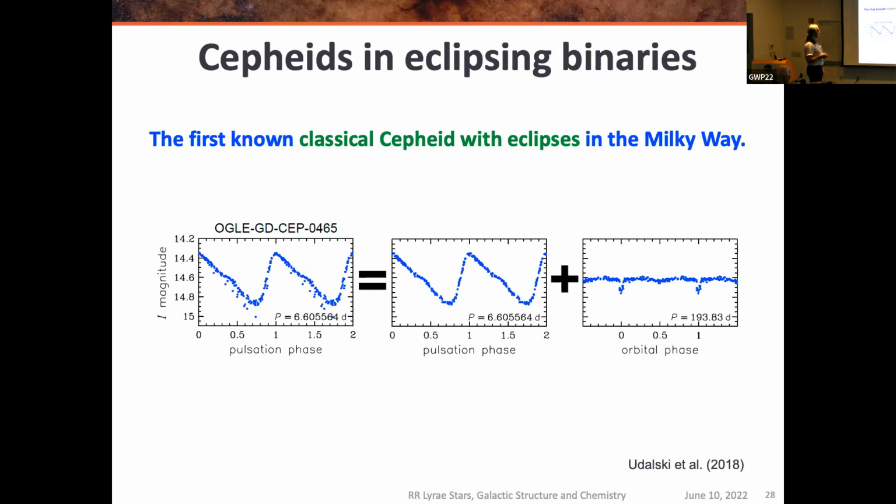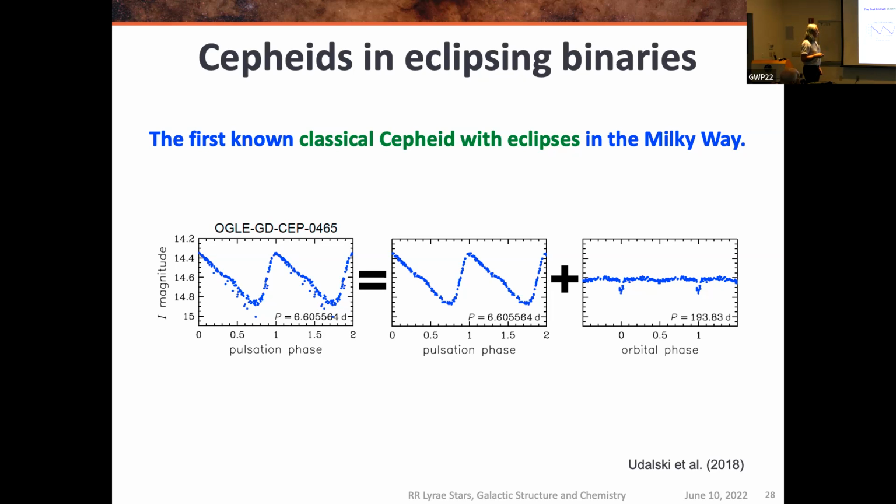I have little time, so the rest of my talk will be devoted to unique objects, very rare objects or previously unknown, like this one, the first known classical Cepheid with eclipses in the Milky Way. Nearly 10 such objects are known in the Magellanic Clouds, and this is the first Cepheid which shows additional eclipsing variations in our galaxy.